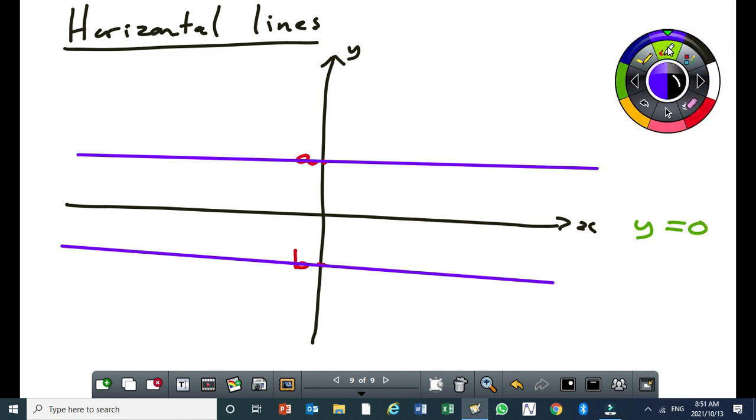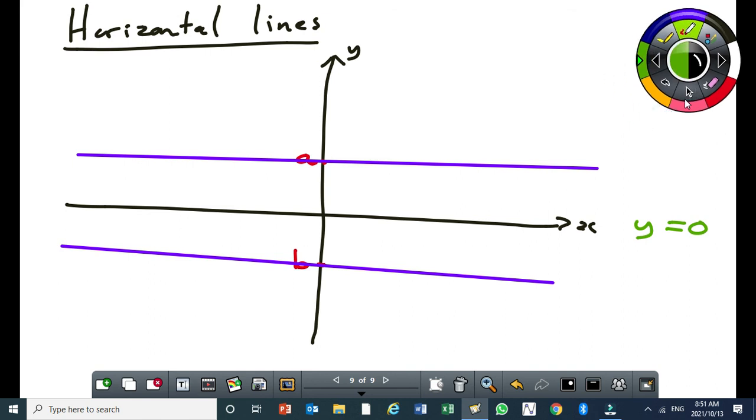The equation for the top one is y equal to a. For the bottom one, it will be y equal to b.